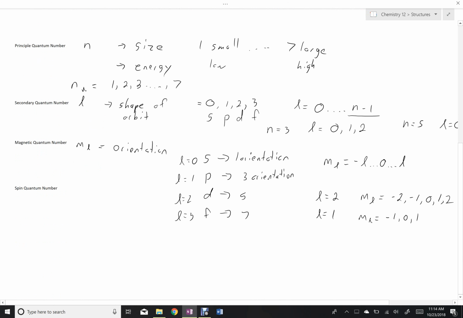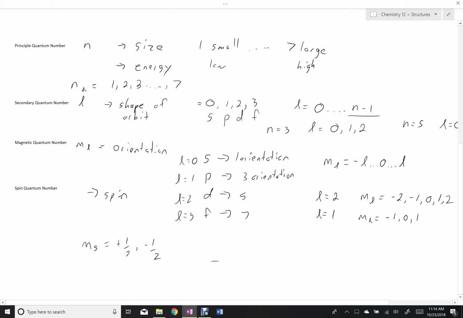Finally, because they figured out each one of these orbitals can hold 2 electrons, they made up one more orientation number, which would be the spin number. Spin, well, quite frankly, it's complicated, so we're not really going to discuss it. But what we're going to say is that this one can be +1/2 or -1/2.